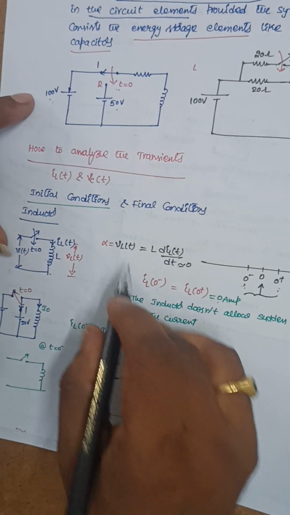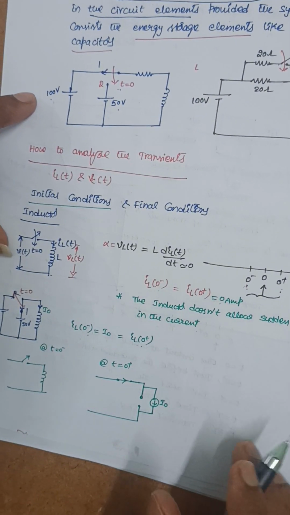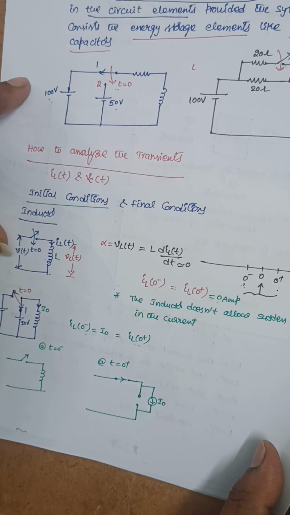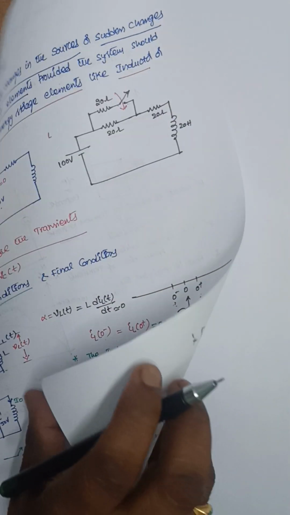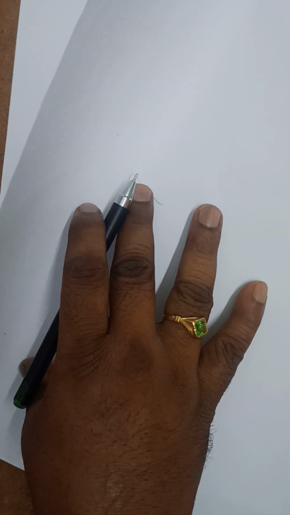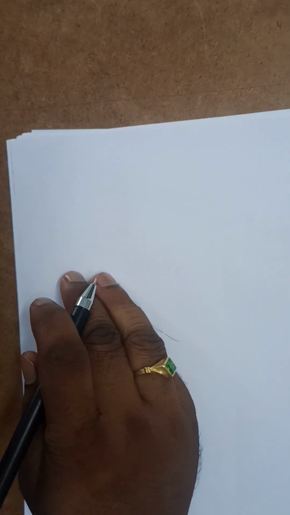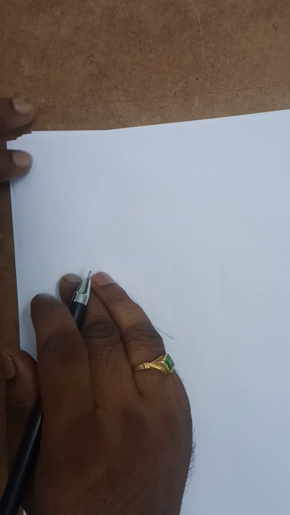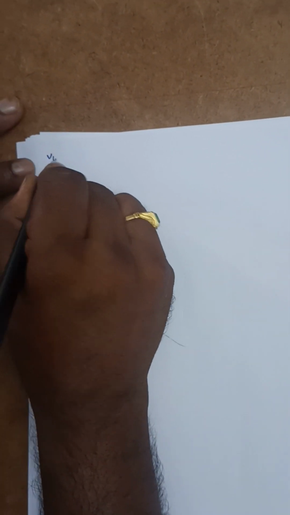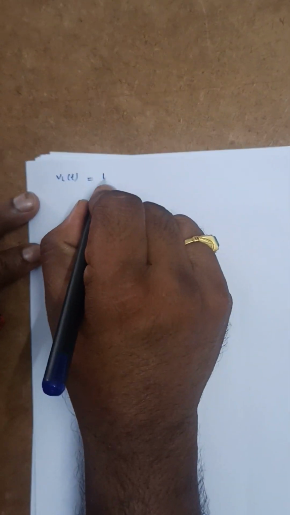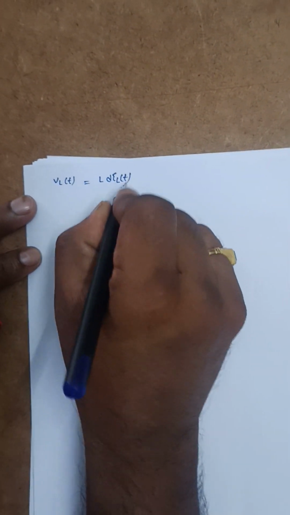And also VL of t is equal to L into dIL of t by dt. Let me write this equation here: VL of t is equal to L into dIL of t by dt.